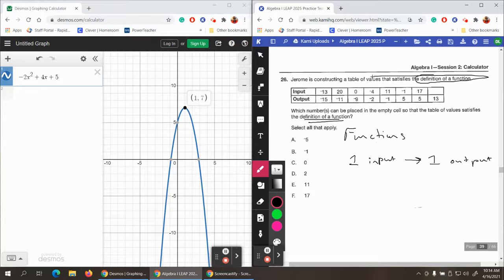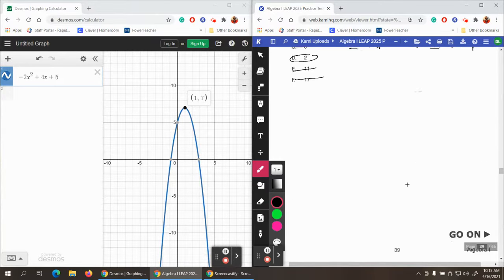Any numbers that repeat cannot be an answer. 5, and look at your inputs, does it repeat? That's an answer. -1, that repeats. That's not an answer. 0, that repeats. Nope. 2 doesn't repeat, so that's an answer. 11, that repeats. That's not an answer. 17, right there at the very end, doesn't repeat, and there are your two answers.